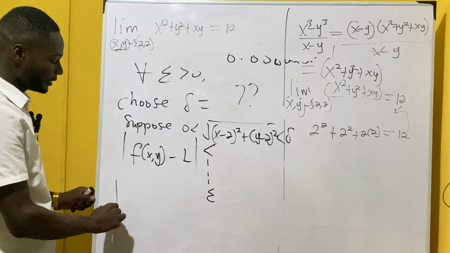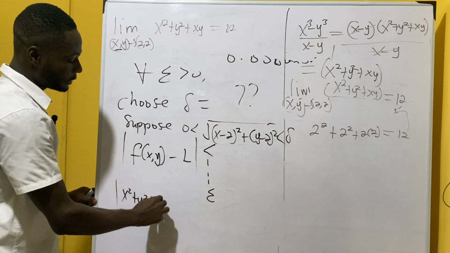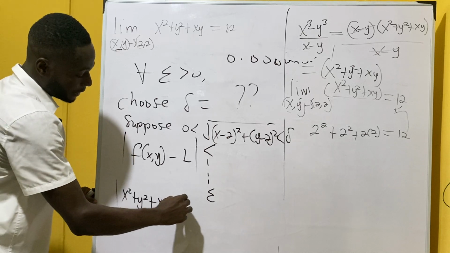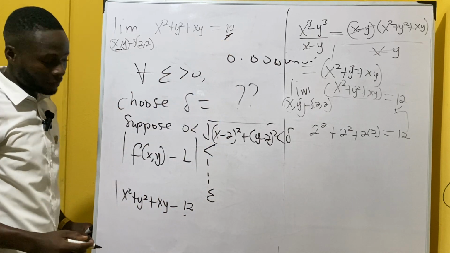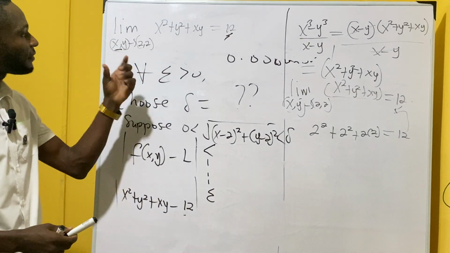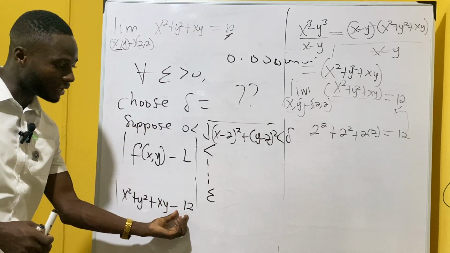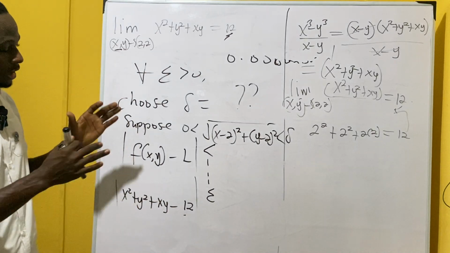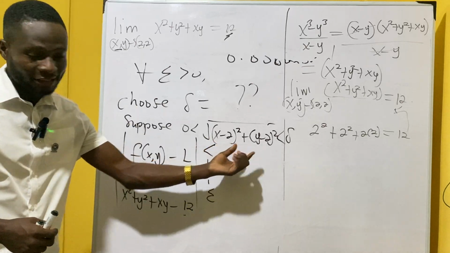So we have the function which is x squared plus y squared plus xy minus 12, which is the limit that we have been given, right? So now we have 2, 2. So we have to break this 12 down so that we can have something to simplify and have these things inside there.